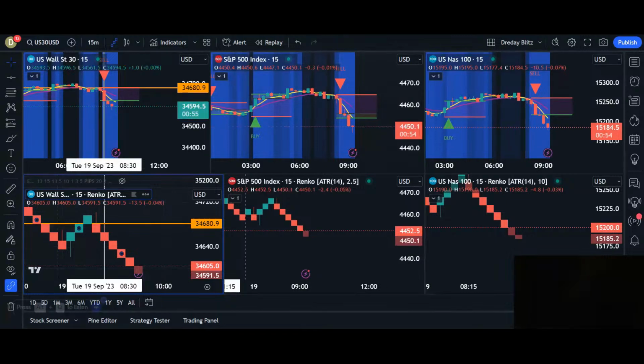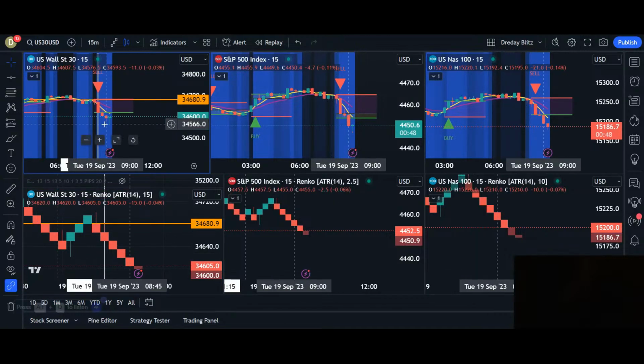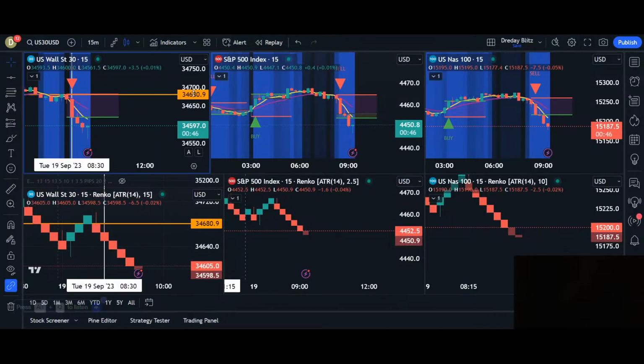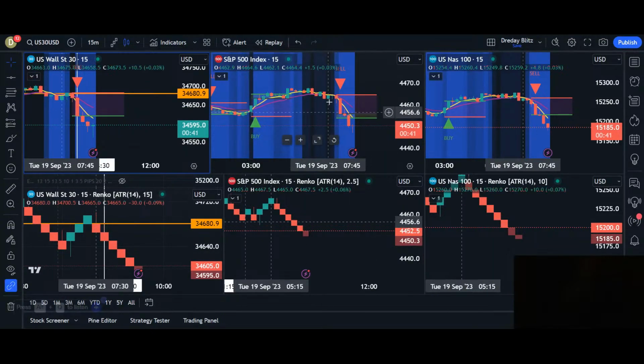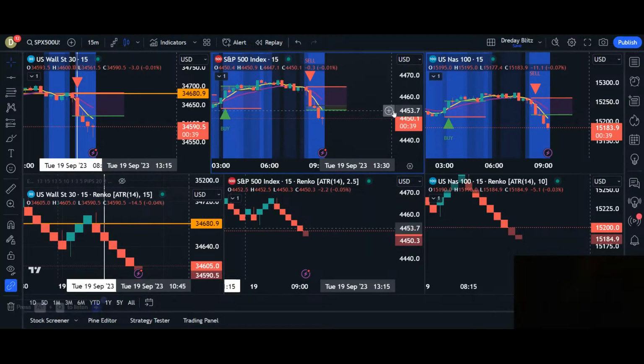So market will open in less than a minute here. So we'll see how it goes. Let me zoom in for you guys to see.